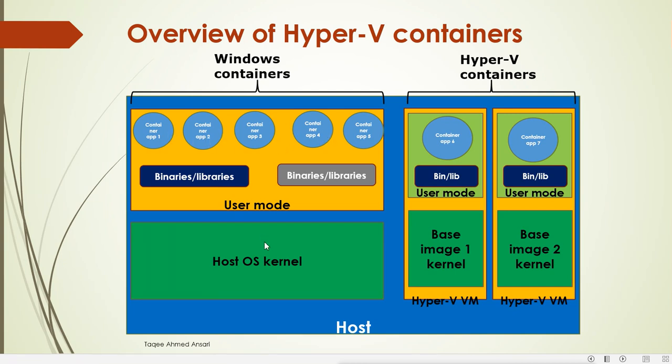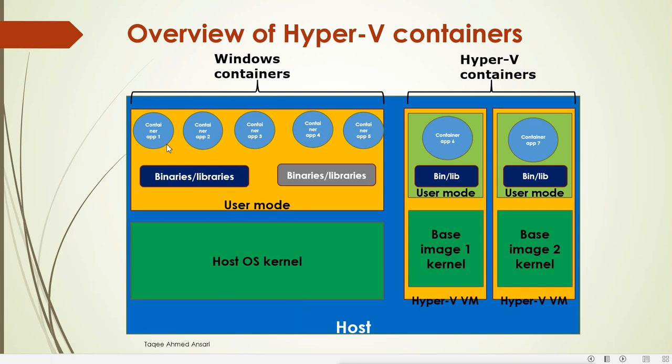That means the applications will run as if in a different virtual machine, but actually they are running on the same physical machine, using the same binaries and libraries which the other containers are using, and the same hardware resources.